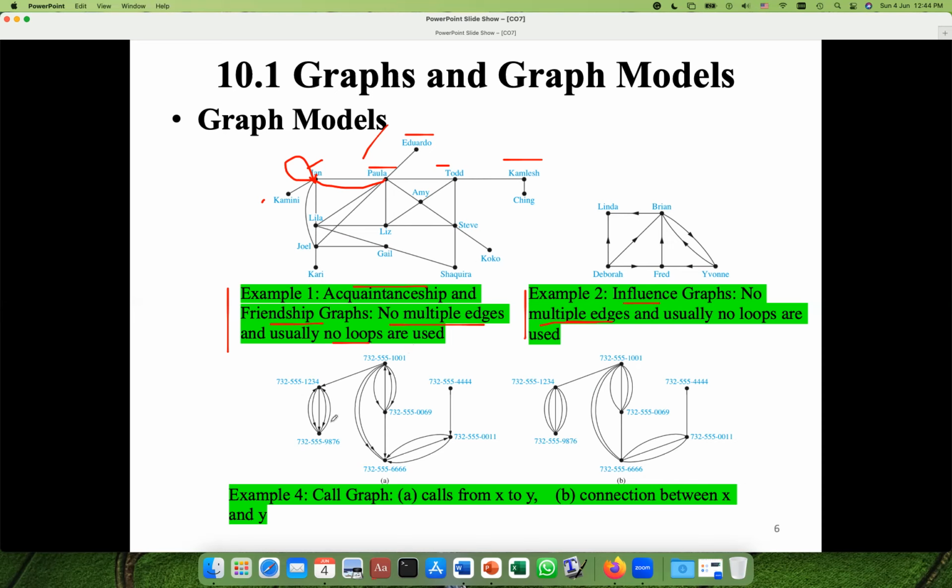This is about the influence graph. Then example 4, which is also a model, is about a call graph. It has 2 parts.